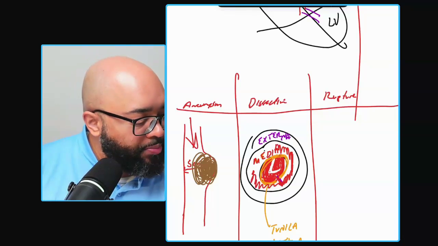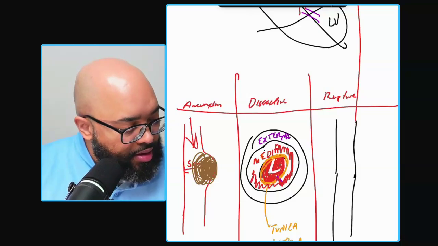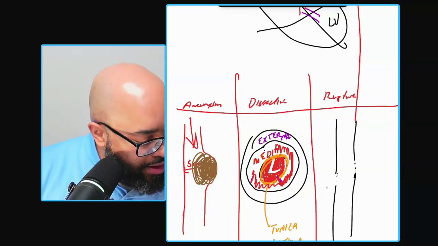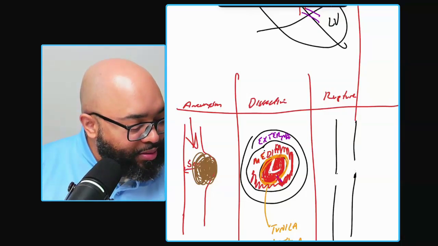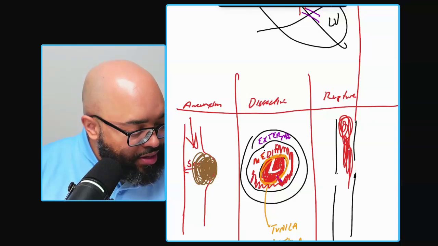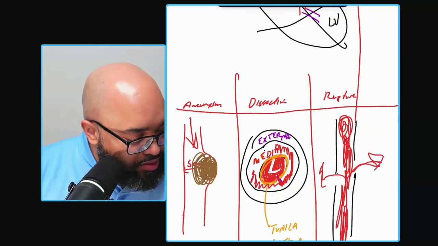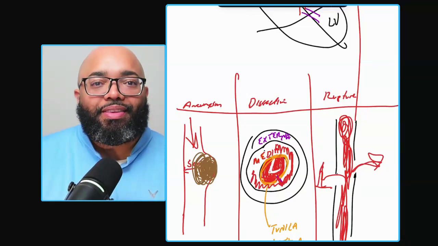Okay, what's the rupture? Here's your aorta, and we get a big hole in it. And now all this blood under high pressure that was inside here just leaks out everywhere and spills throughout the whole abdomen.